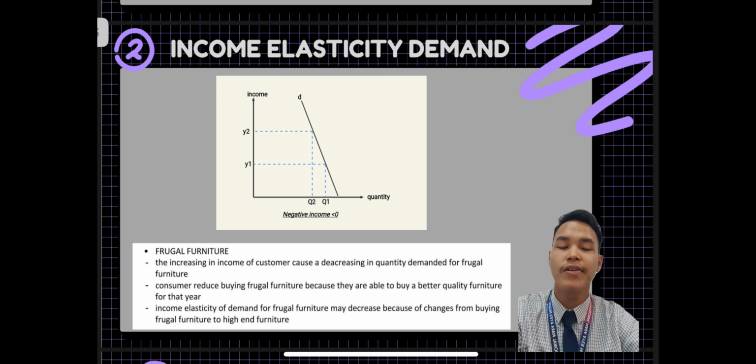Income elasticity of demand for frugal furniture may decrease because of changes from buying frugal furniture to high-end furniture. You can see on my graph, it has changed from quantity 1 to quantity 2 and the income from Y1 to Y2. And the analysis for this graph is a negative income elasticity, below 0.